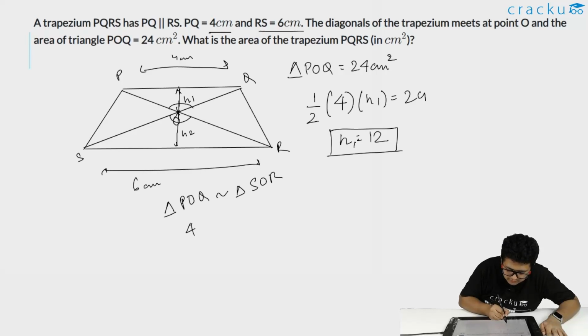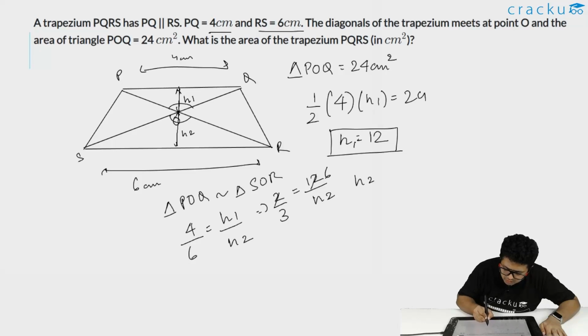So 4 by 6, the ratio of the heights should be in the same proportion. It will be equal to 2 by 3, and we know H1 is equal to 12, so H2 will be equal to 18. So the total height is H1 plus H2, which is equal to 30.